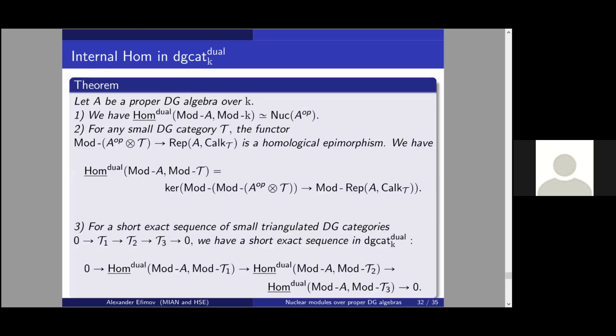I mean, just to clarify. In general, for example in part 2, when you take this Hom dual, this is some dualizable category, but the compact objects of this category correspond to functors from A to T, I mean, representations of A in T. But the compact objects don't generate this category.